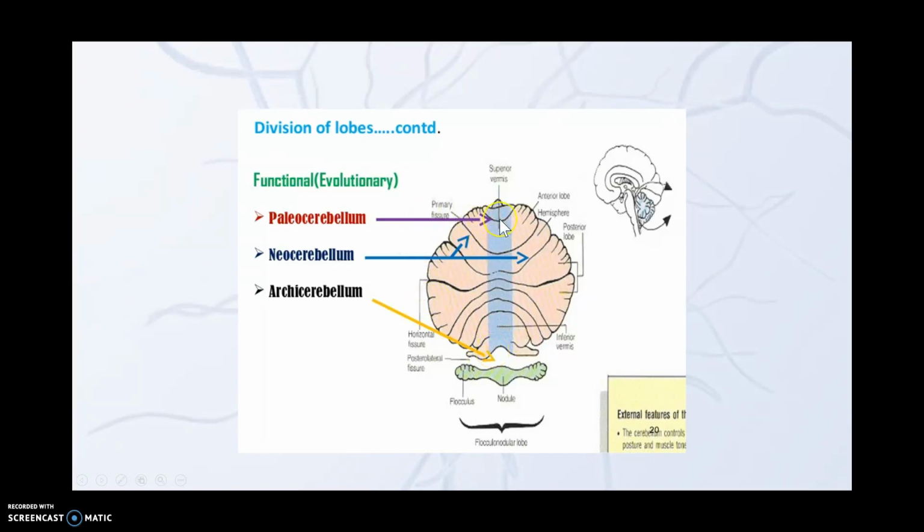Paleo, up here, receives organized information from our spinal cord, will assist the archaeocerebellum with regards to upright posture, muscle tone, movement, and balance. And lastly, our neocerebellum, which is over here, is our most dominant portion of the cerebellar cortex, and works closely with the cerebral cortex and with the basal ganglia with regards to motor programs.